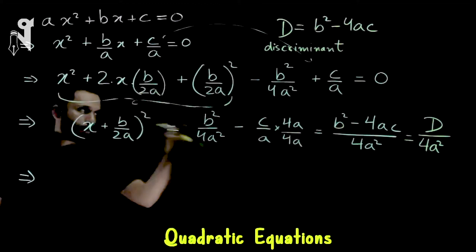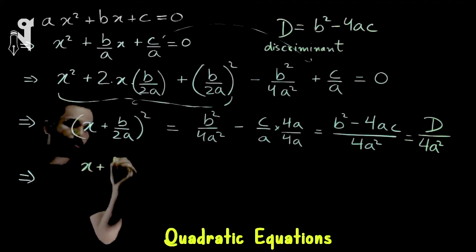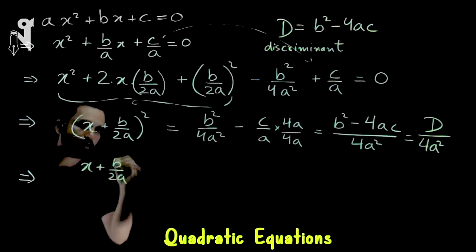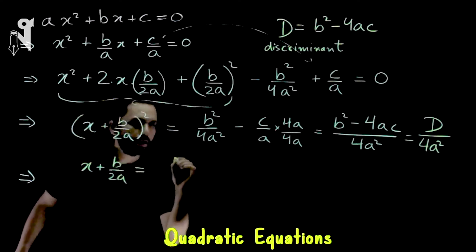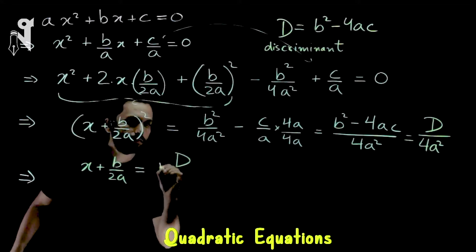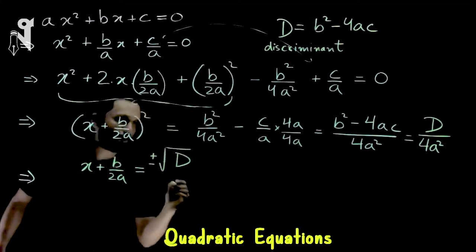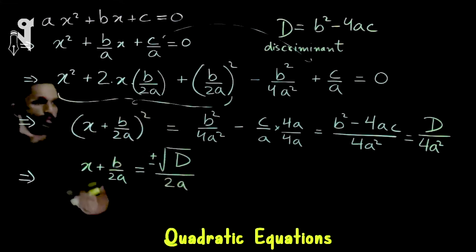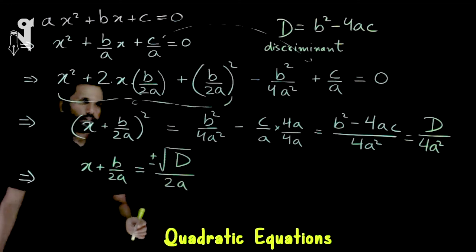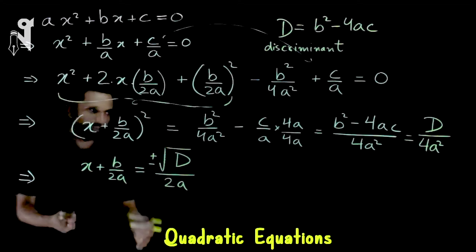So my next step is square rooting both sides, and I get x plus b by 2a is equal to plus and minus the square root of D, and the square root of 4a square, which I know is 2a. So I'm just putting it outside the square root. So luckily we have 2a as the LCM here and there. What is the next step?